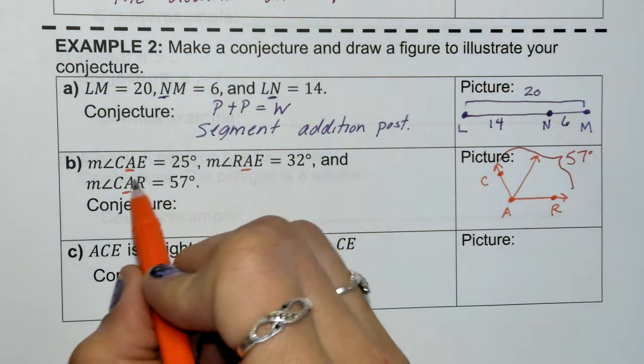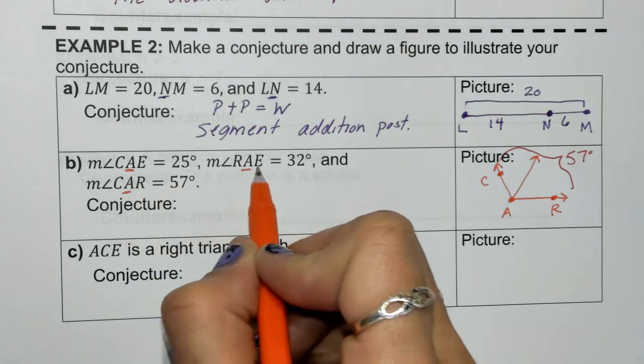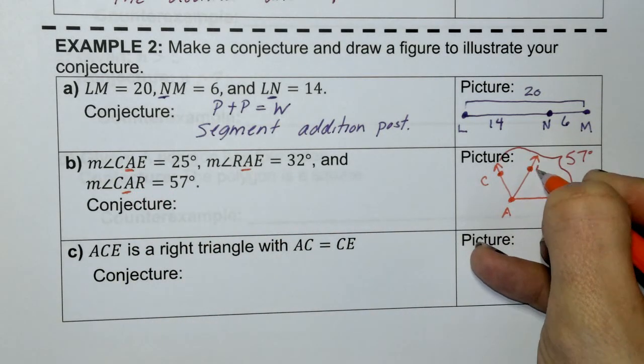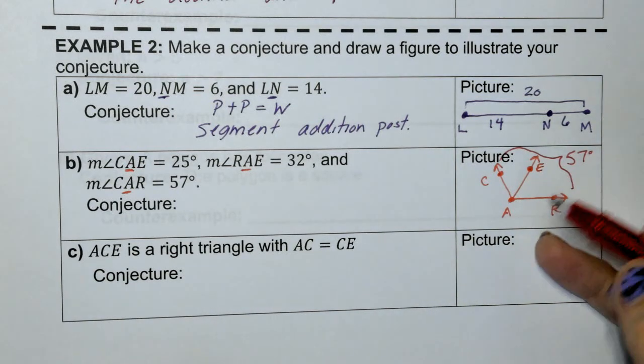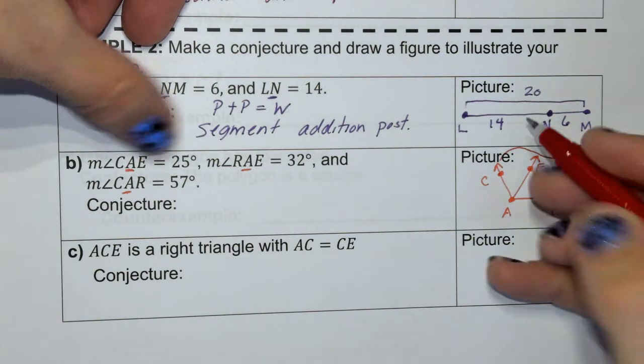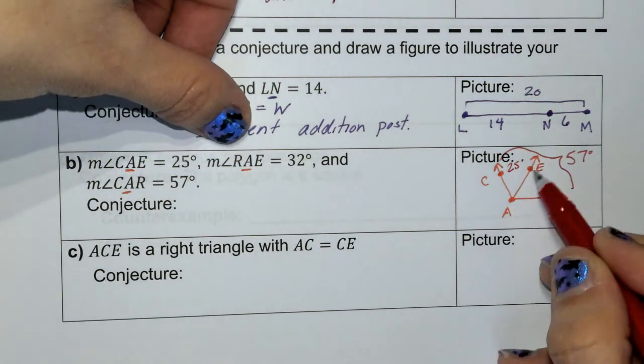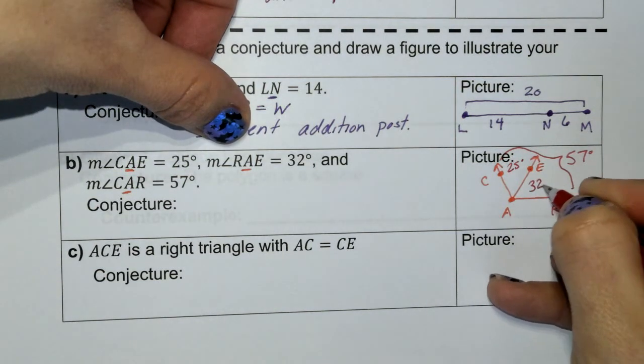And then we have that other letter E on the smaller two angles. So on this other ray, we're going to have ray AE. And the measurement of angle CAE, as we're told, is 25 degrees. And the measurement of RAE is 32 degrees.